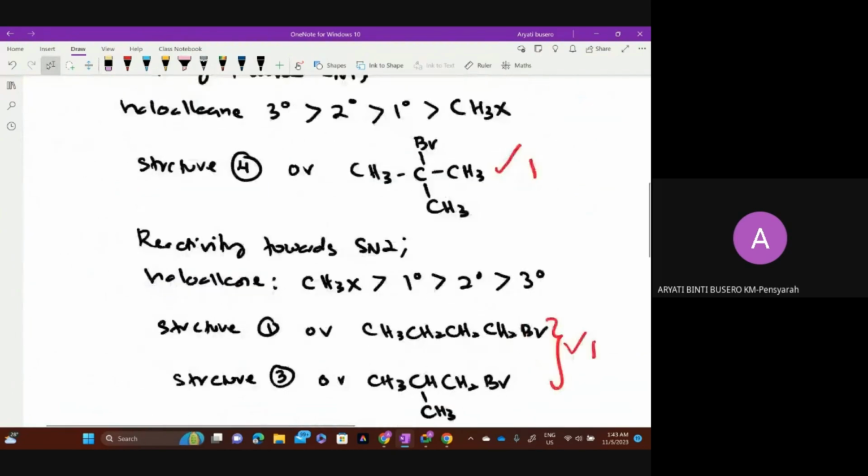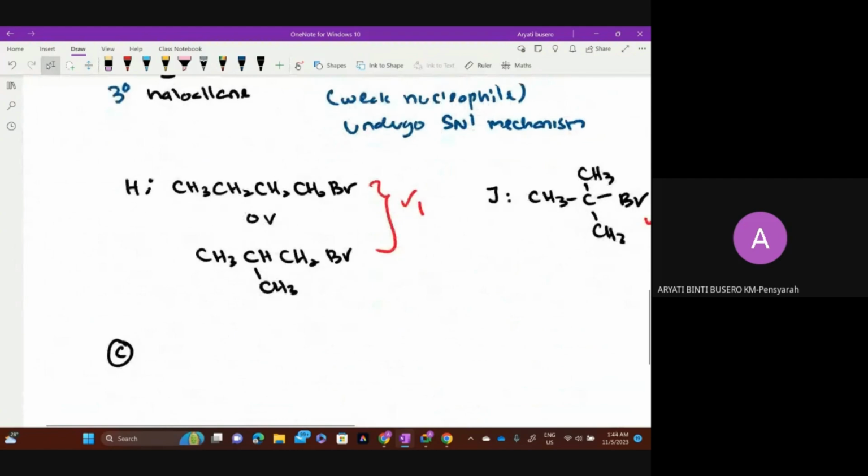So SN1 mechanism ialah yang akan undergo ialah tertiary haloalkane.